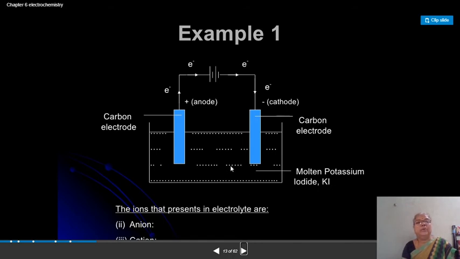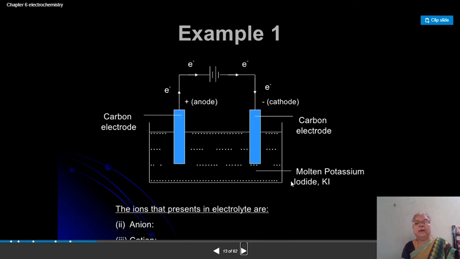Then during the electrolysis, the K+ ions migrate towards the negative electrode, that means the cathode, and the I- ions migrate towards the positive electrode, that is the anode.